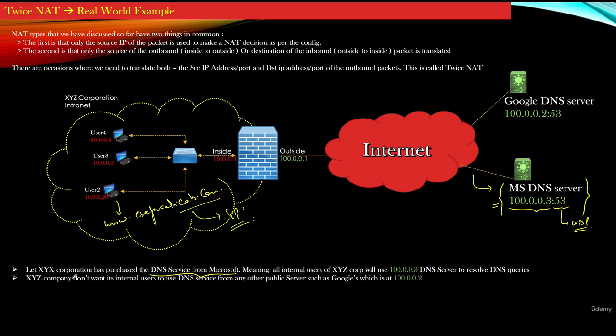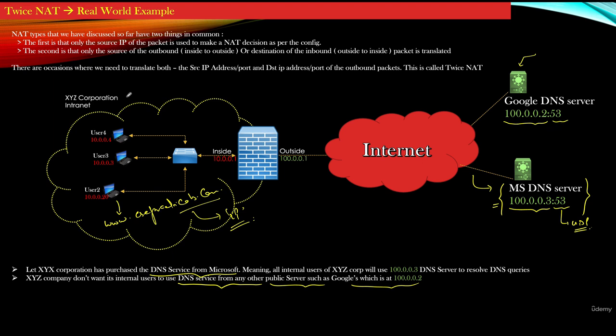Now XYZ company doesn't want its internal users to use the DNS service from any other public server such as Google, which is located at 100.0.0.2. So let's say it is Google Corporation. It is also providing its DNS service to the public, and its DNS server is present at public IP address 100.0.0.2 and UDP port number 53.